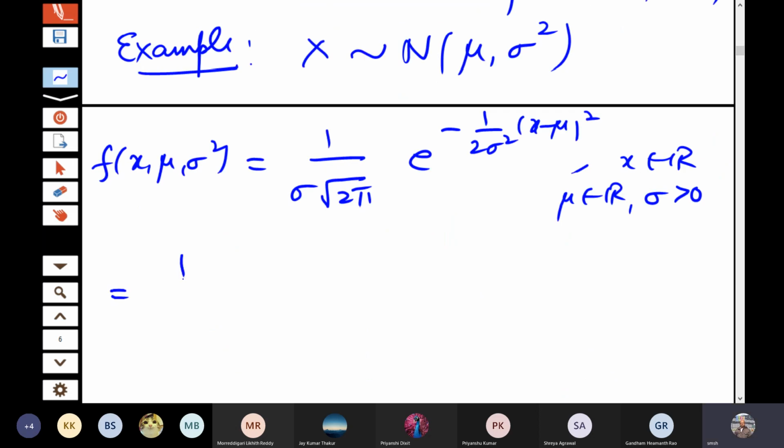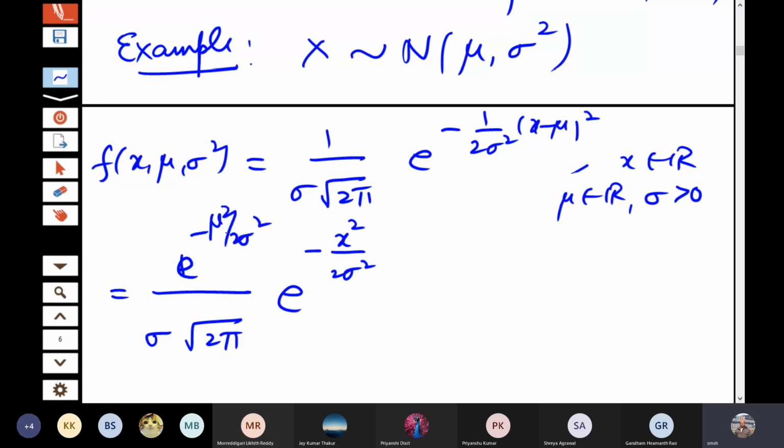So this is equal to 1 by sigma root 2 pi, and this part I will split like this: e to the power minus x square by 2 sigma square, e to the power minus mu square by 2 sigma square, and e to the power mu x by sigma square.